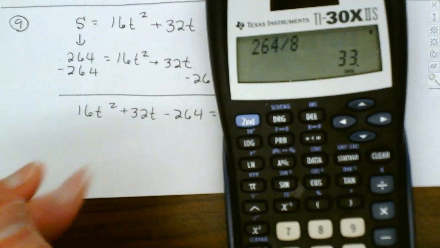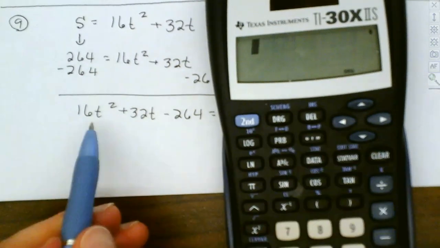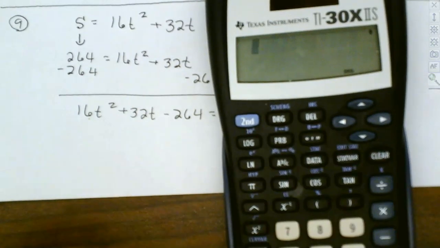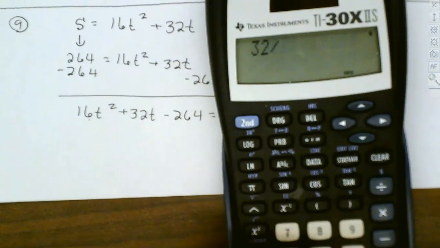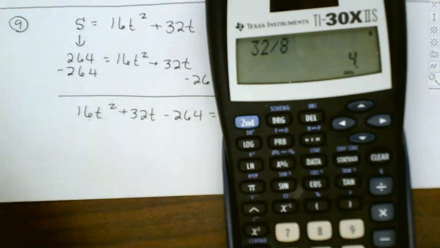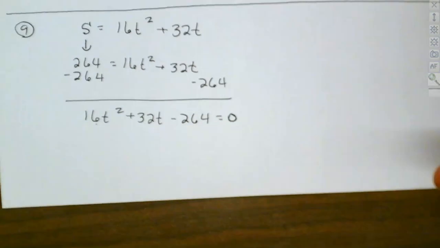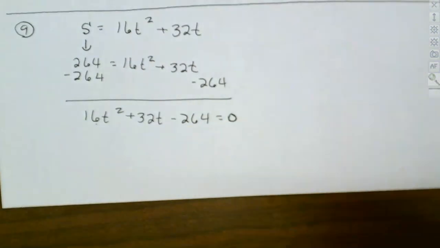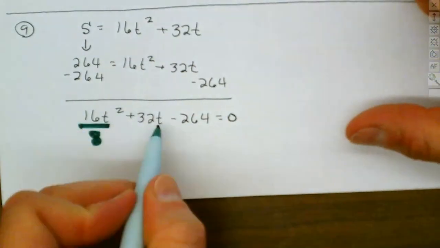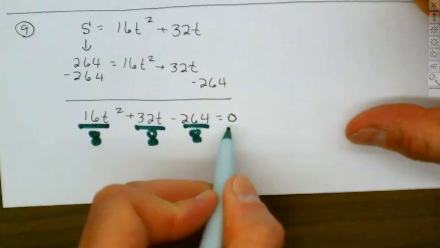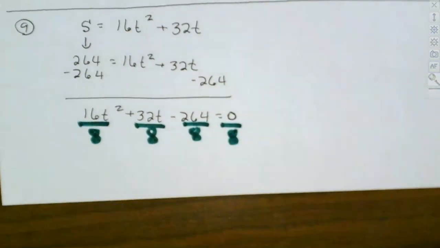8 does, right? 16 is divisible by 8 2 times. And 32 divided by 8 is what? 4. So what are we going to do? We're going to divide everything now by what? 8. Why are we doing that? To make our numbers smaller.